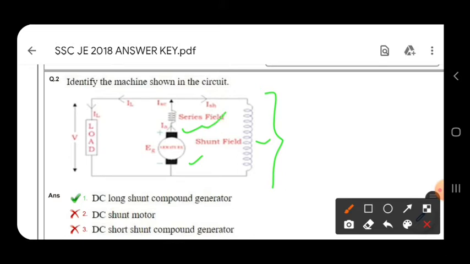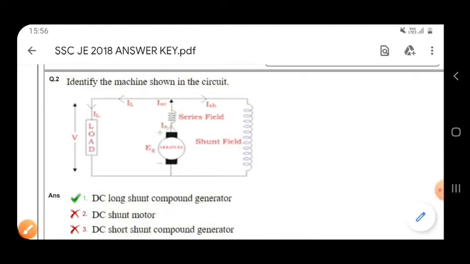So this is a long shunt compound generator. But if the series field is connected at the other side, it forms a short shunt compound generator. So this is a very easy question.